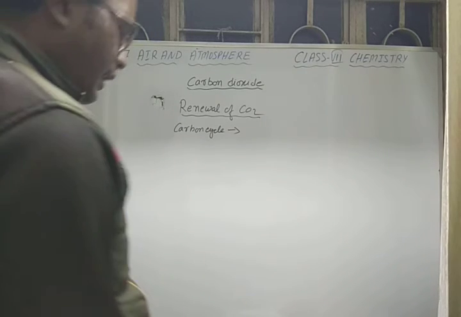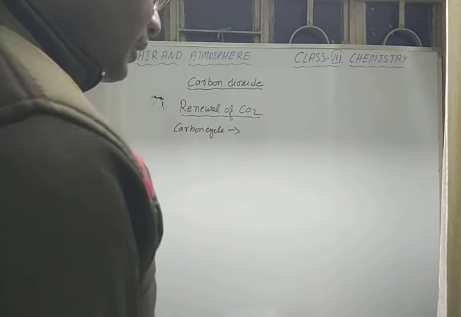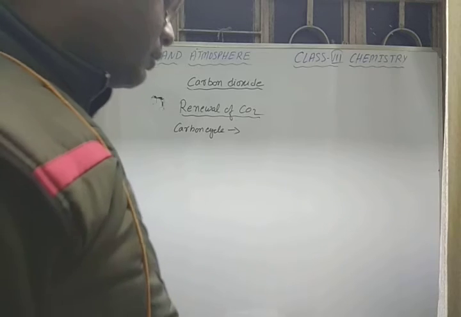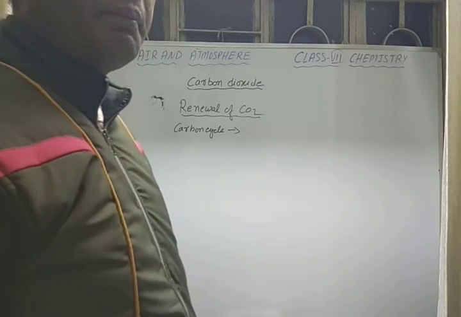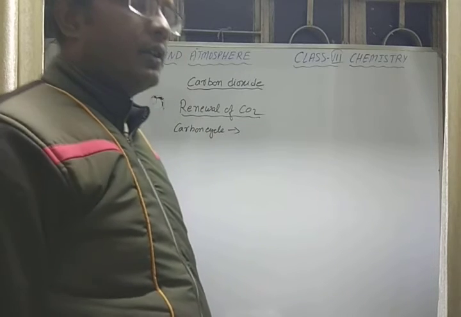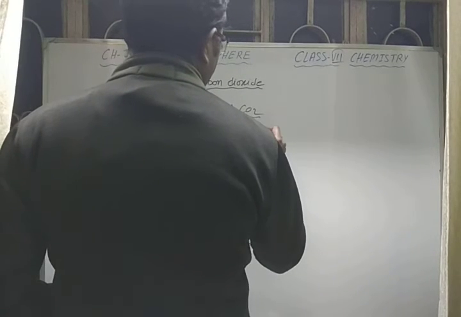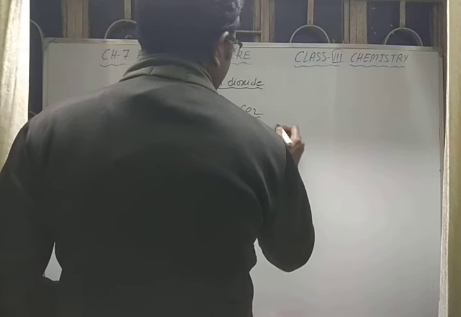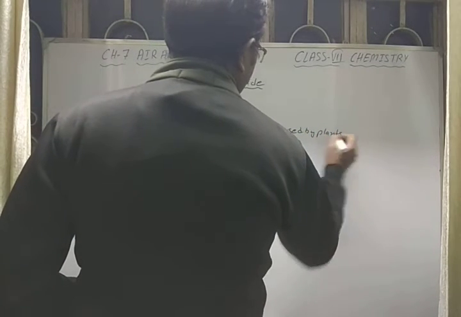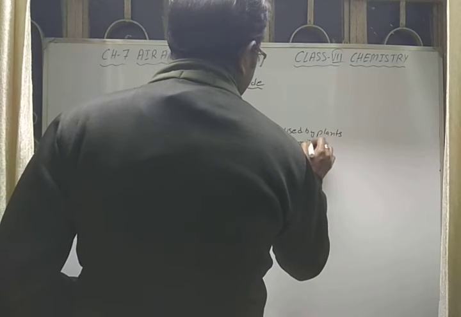Green plants do photosynthesis, they use carbon dioxide, we have seen. In return, they give out oxygen, which is used by animals and human beings. In step 1, CO2 is used by plants for photosynthesis.